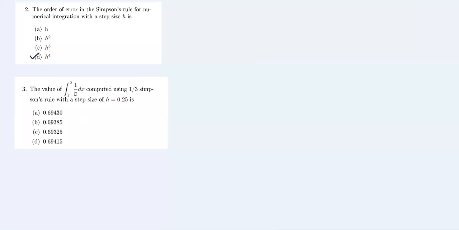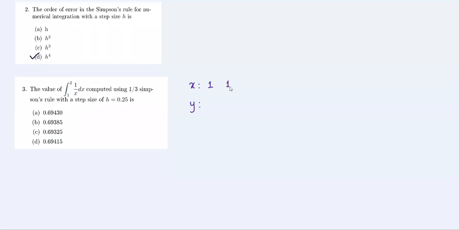The value of integral 1 by x integrated from 1 to 2 using 1/3 Simpson rule with a step size of h. So let us write x and let us write y. Now it starts with 1.